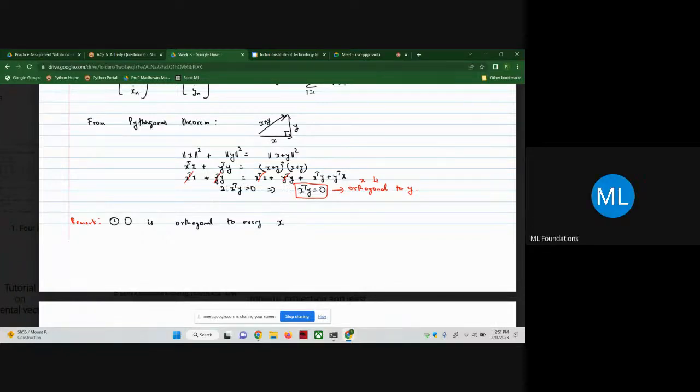If 2x transpose y equals 0, then that basically means x transpose y is 0, so there's no point in writing that constant. It's like saying if 2a is 0, then a is 0. That's what they are saying here. Okay.